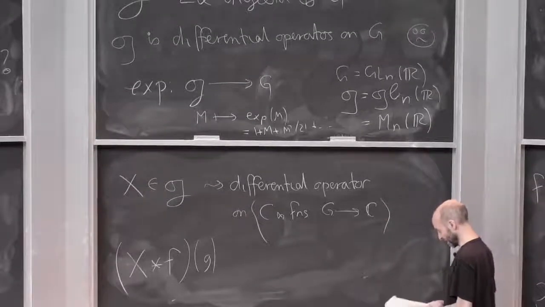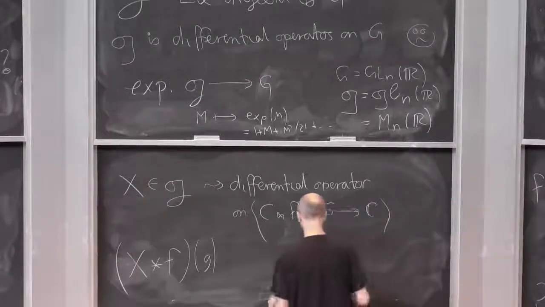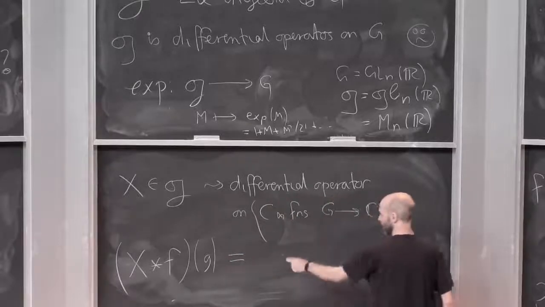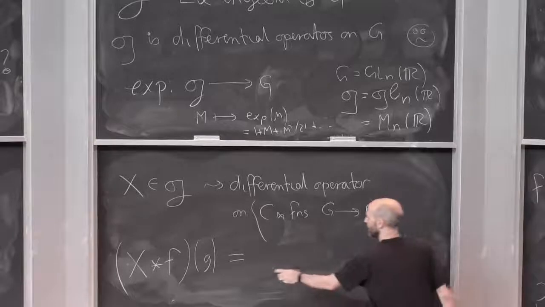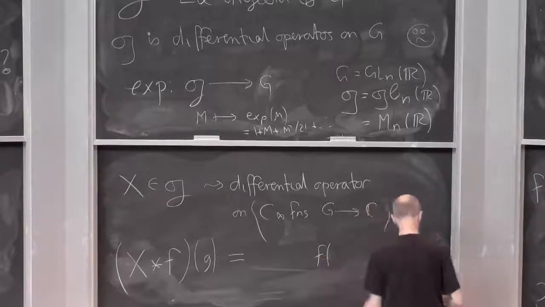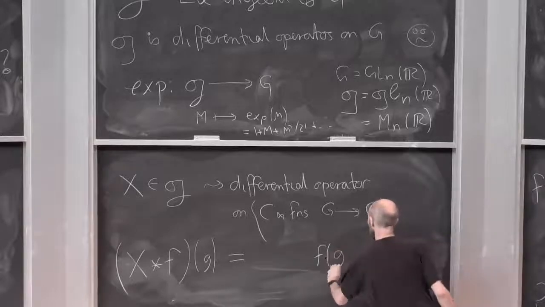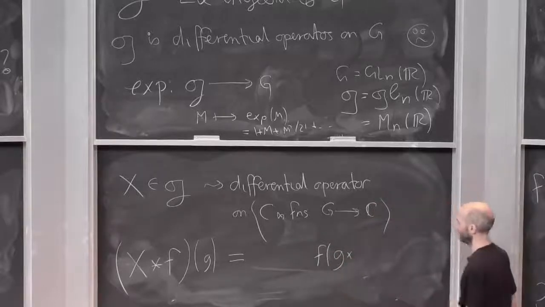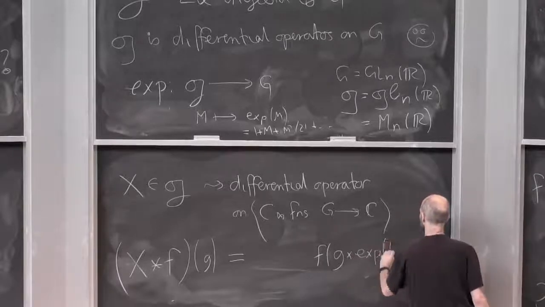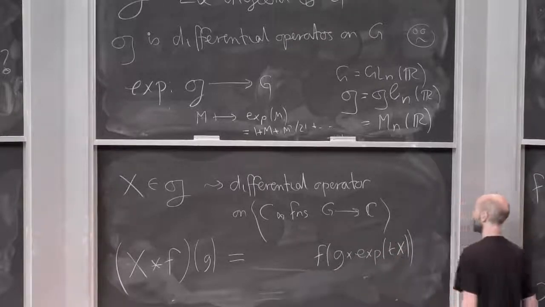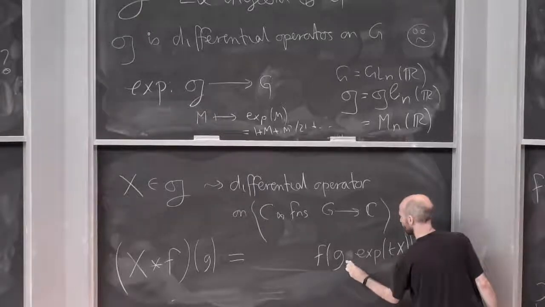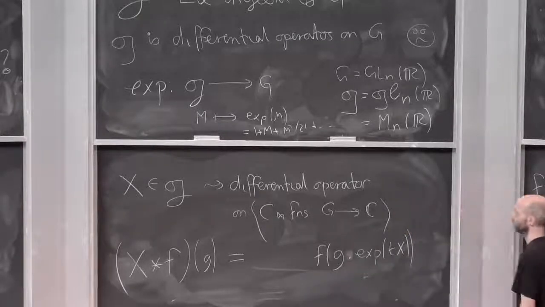My understanding is that this is going to be, I'm going to do one of those leave a gap things that lecturers sometimes do. I've left a gap. It's f of g multiplied by exp of t times x. Maybe a cross is not the best notation. This is just the product in the group.